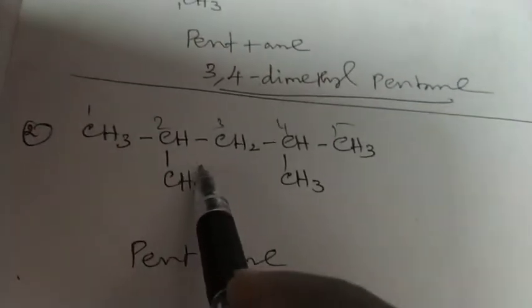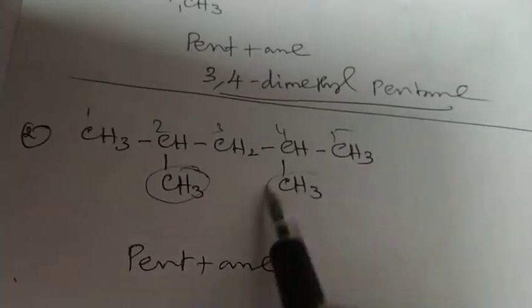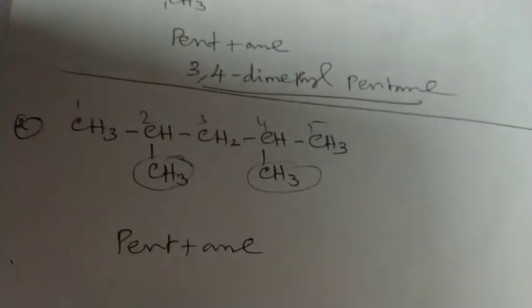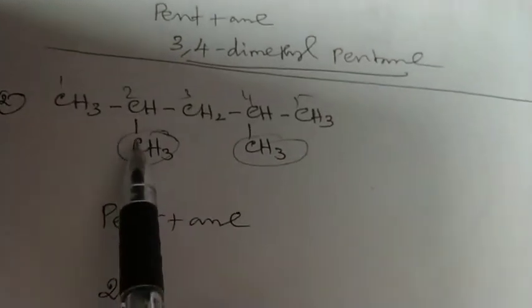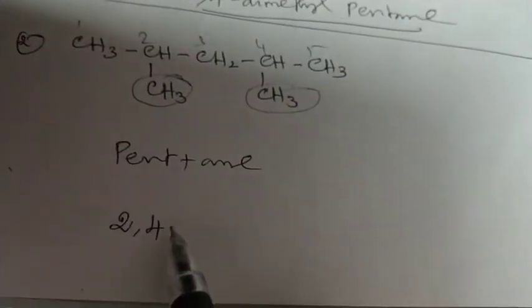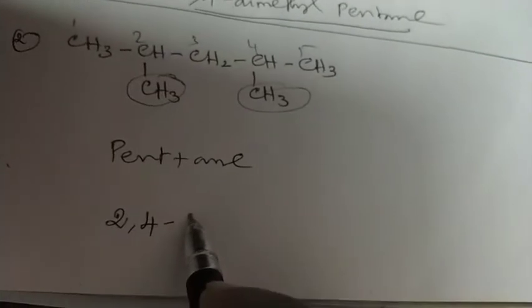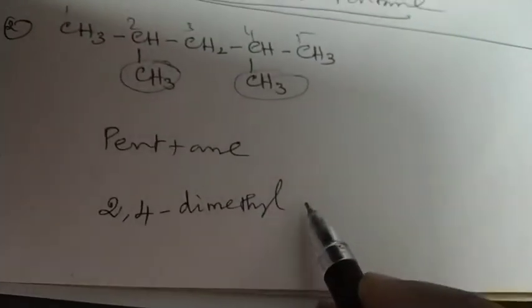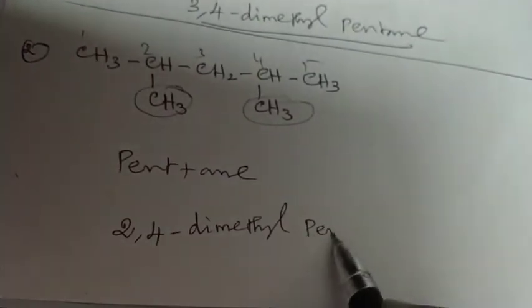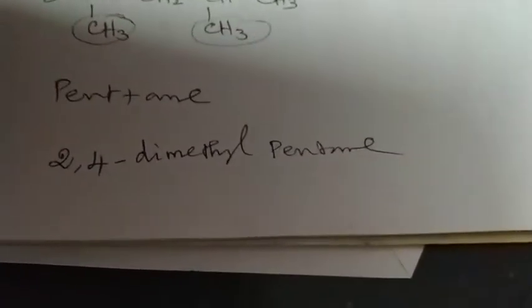One methyl on the second carbon, another methyl on the fourth carbon. So 2, 4. What is the name of the substituent? Methyl. So 2, 4 dimethyl pentane.